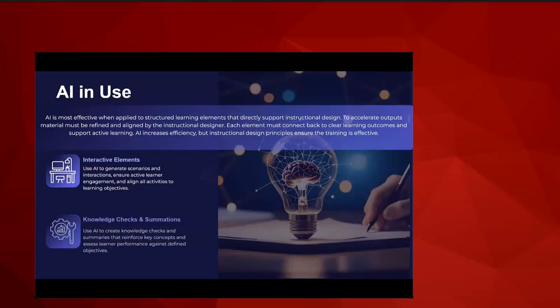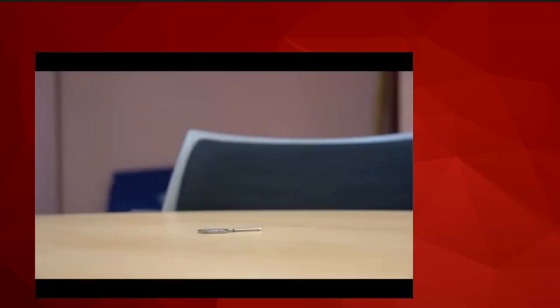And for knowledge checks and summaries, AI can produce assessments and reinforcement points that evaluate learner performance against those defined outcomes. The key is that AI accelerates portions of the production, but instructional design ensures alignment, measurability, and effectiveness.